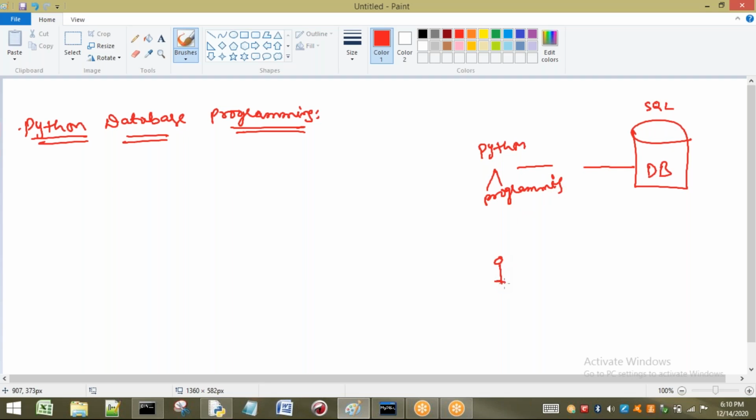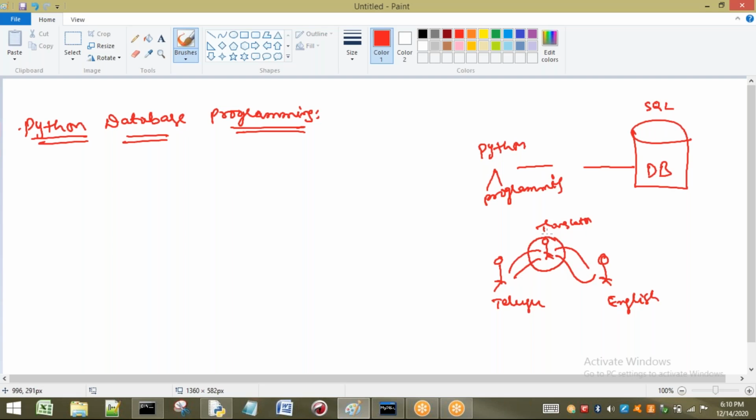Let us consider two persons. One knows only Telugu, the other knows only English. How can these two people communicate with each other? In between, they will keep one translator. The translator will understand Telugu and convert it into English, and understand English and convert it into Telugu.